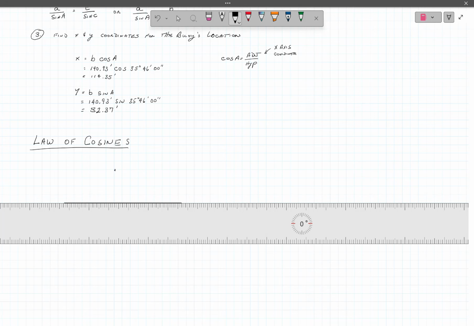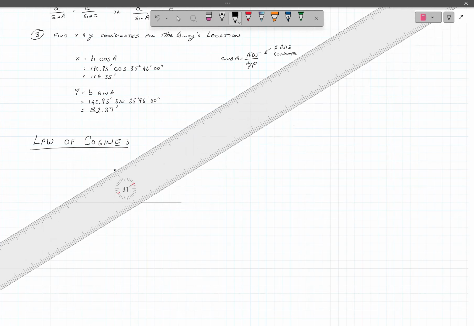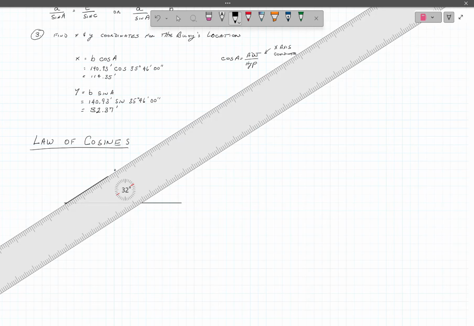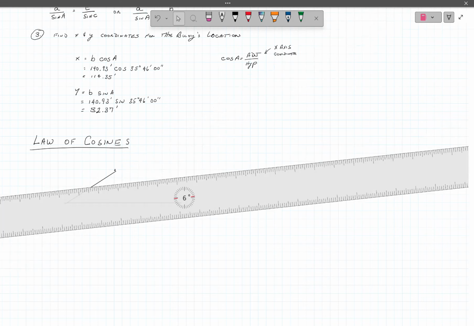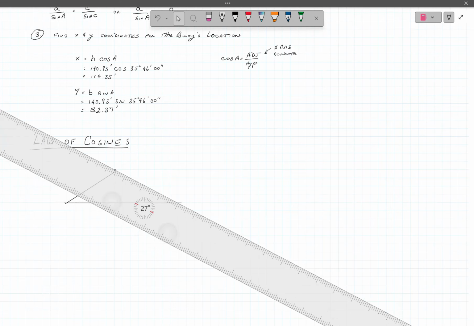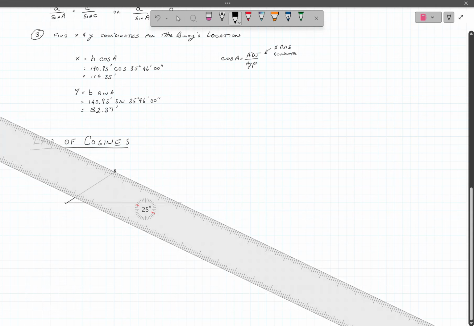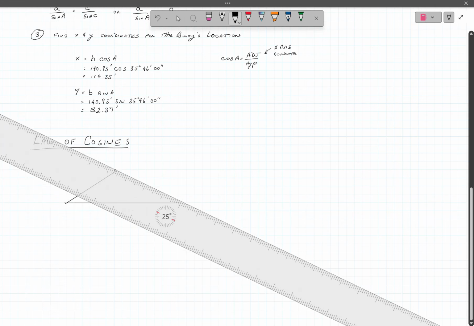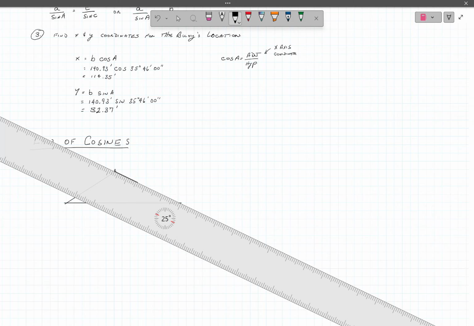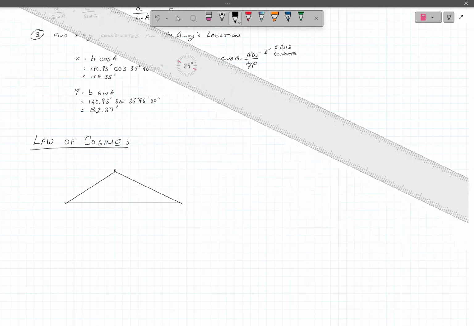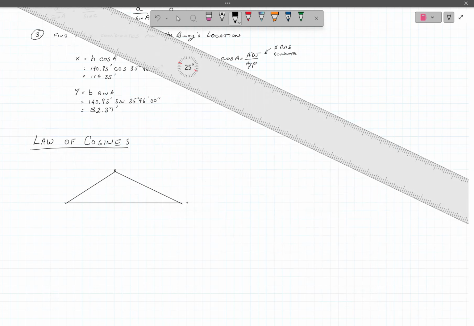We're going to have a point up there, and we're going to twist around here and do one like so. And this will be A, B, C for the angles, and a, b, c for the sides.